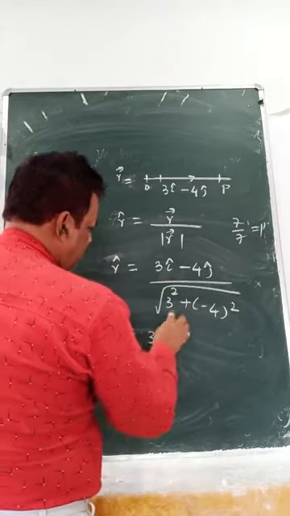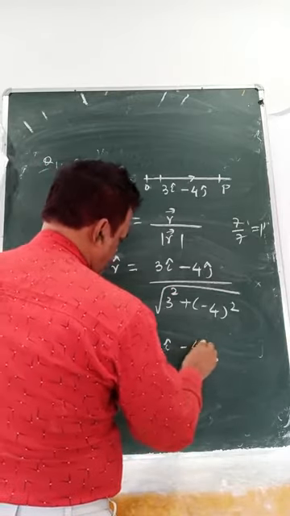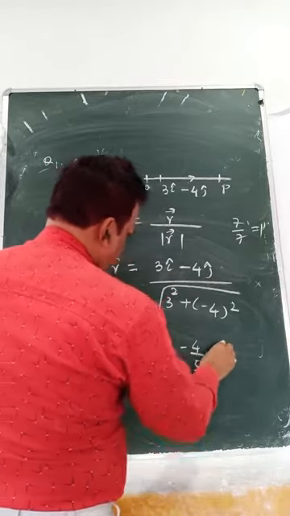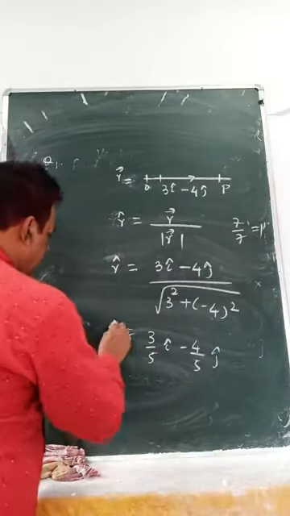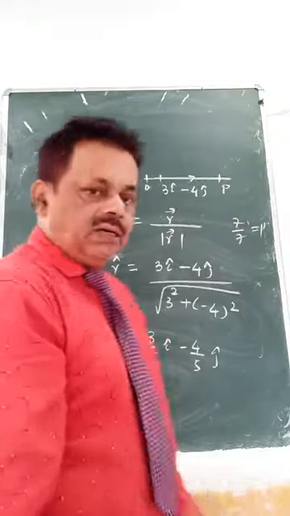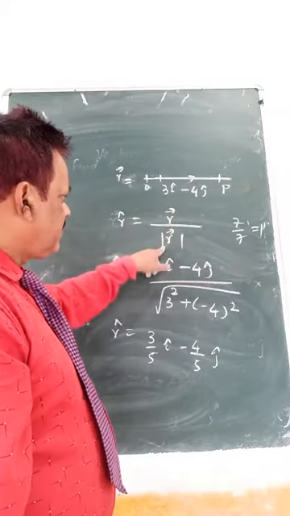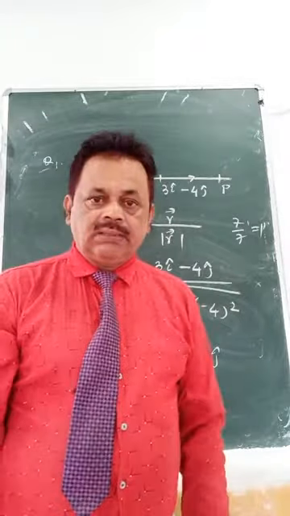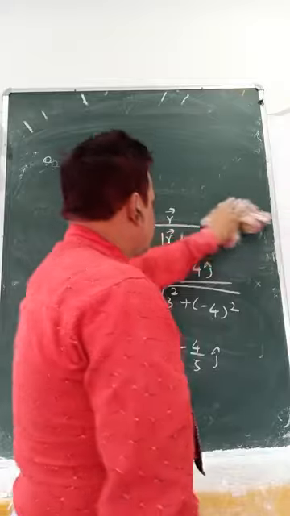That is 3i minus 4j over 5, because 16 plus 9 is 25, and root of 25 is 5. So this is your unit vector. So when you are asked to find a unit vector, you divide the vector by its modulus. Simple question. Okay, now let's take another question here.